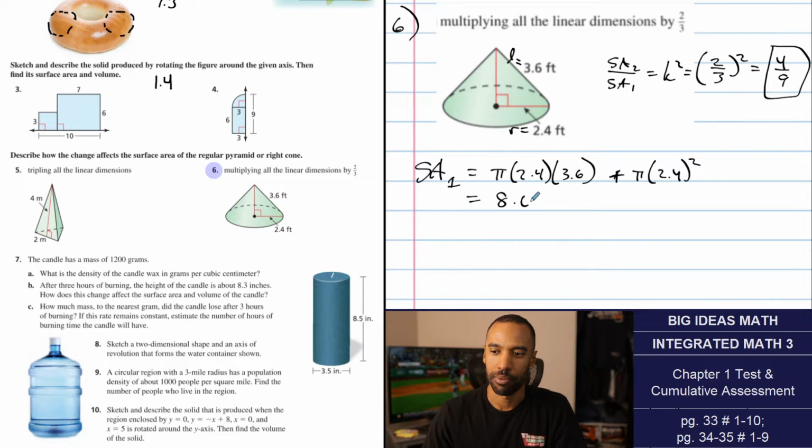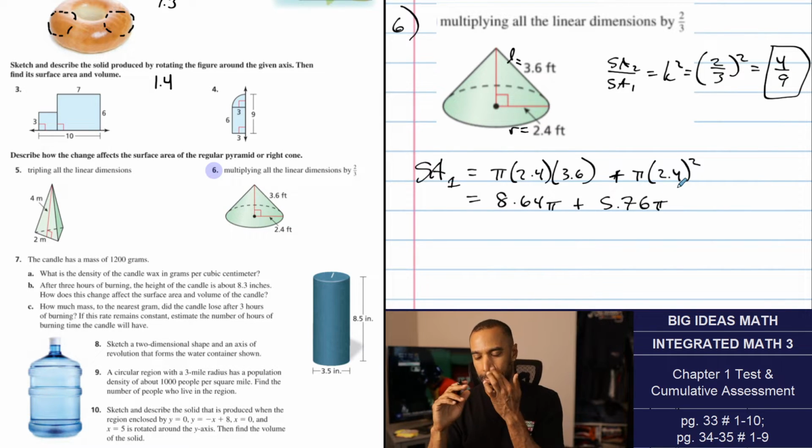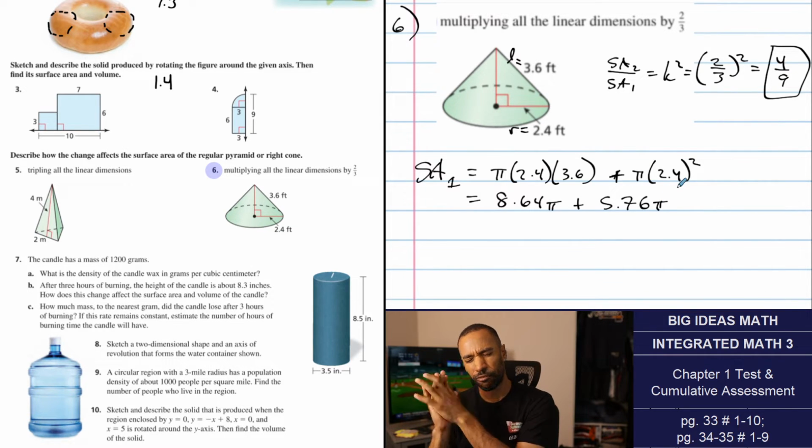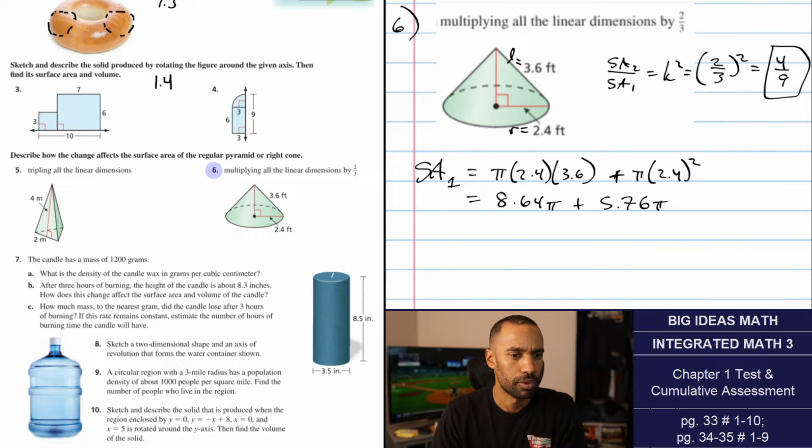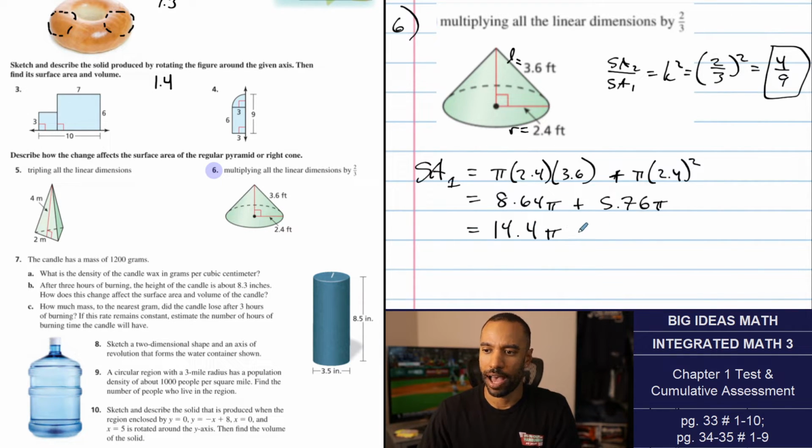So I have 8.64 pi plus, and that's 5.76 pi. Ooh, that's kind of clean. Not fully. 14.4 plus 5.76. 14.4. So 14.4 pi square feet as actual surface area.